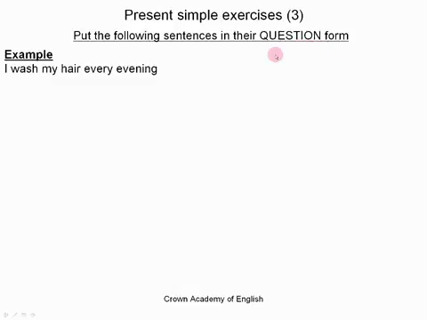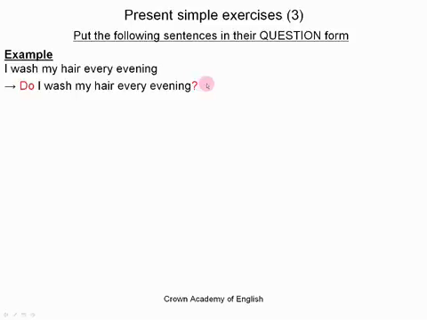Example: I wash my hair every evening. And that in the question form would be, do I wash my hair every evening? So if you remember, we add the word do to the beginning of the sentence, and we add the question mark at the end of the sentence.